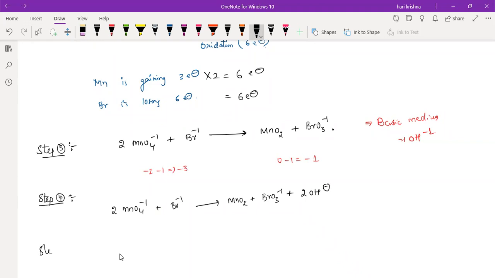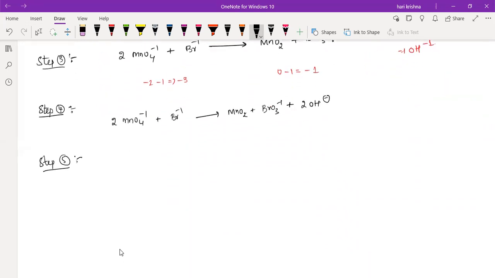What is step number 5? We need to balance the hydrogen. Now check it. How many hydrogens are there? So 2. So how many water molecules do you have to add? Only 1, on the reactant side only, right? Yes, sir.